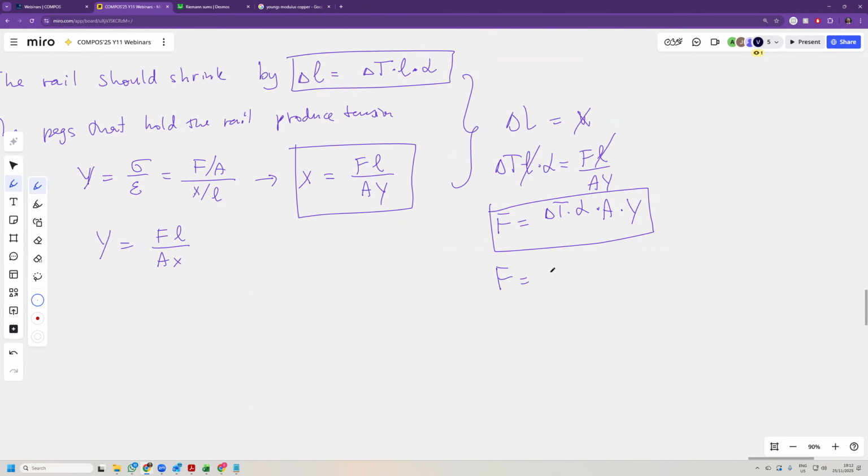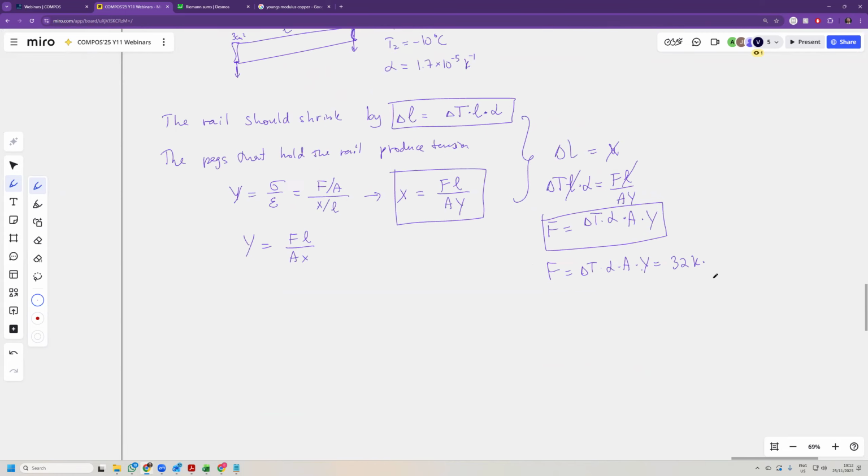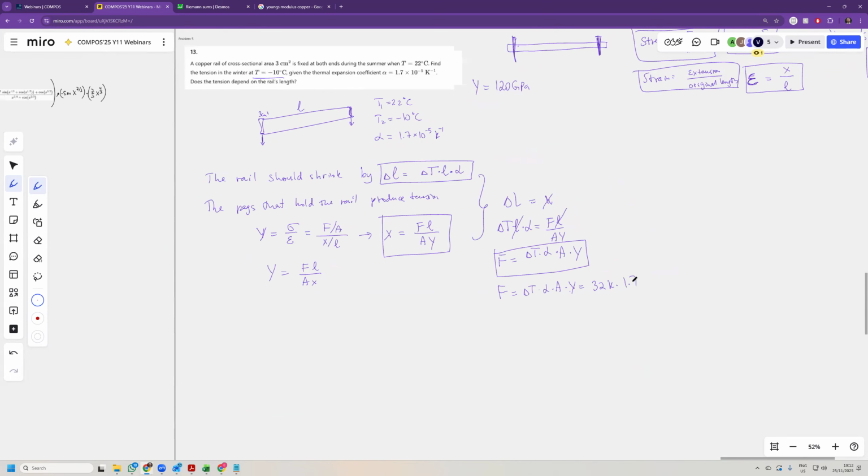So the force is the change in temperature times alpha times A times Young's modulus, which is 32 Kelvin multiplied by alpha, which is 1.7 times 10 to the minus 5 Kelvin to the power minus 1, multiplied by the cross-sectional area, which is 3 centimeters squared, so 0.03 squared meters squared, multiplied by the Young's modulus, which is 120 times 10 to the 9 pascals.